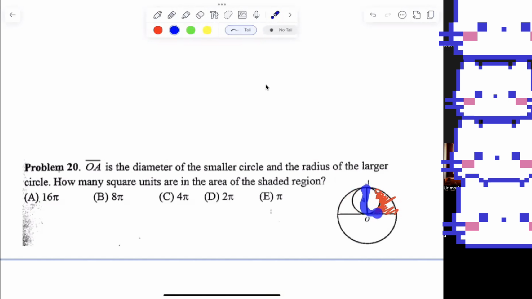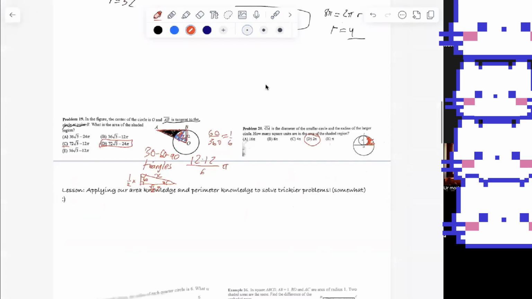Just find the area of the quarter circle and subtract it from half of the circle, which is pretty simple. I think you can get the answer as 2 pi. The area of this quarter circle is 4 pi, the area of the half circle is 2 pi, subtract and get 2 pi. Alright?